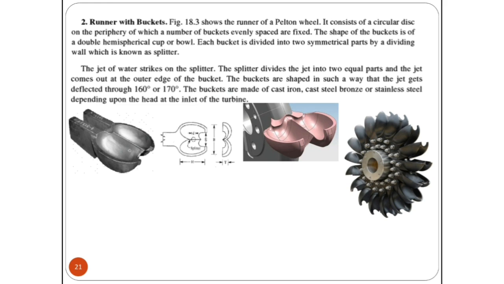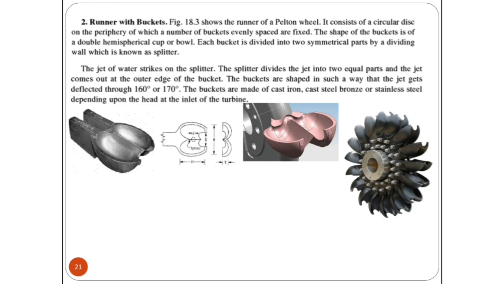You can see the jet will be striking this part at the center. So this jet is divided into two equal parts, and it will come out of the bucket. The buckets are so shaped that the jet gets deflected by an angle of 160 degrees.